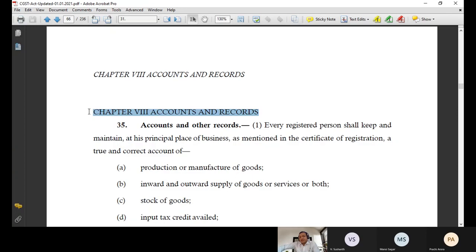In layman language, when I go to buy anything, I ask for a bill. That bill will have details such as what quantity has been purchased. In layman language it is a bill, but the same bill, when you read as an expert of GST, you will call it invoice or tax invoice, one and the same thing.